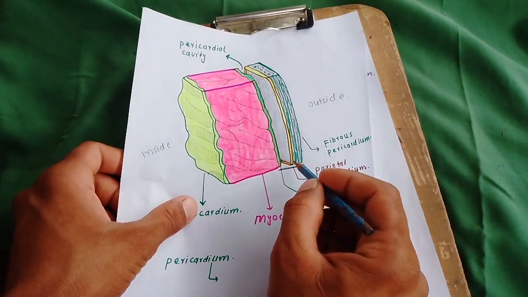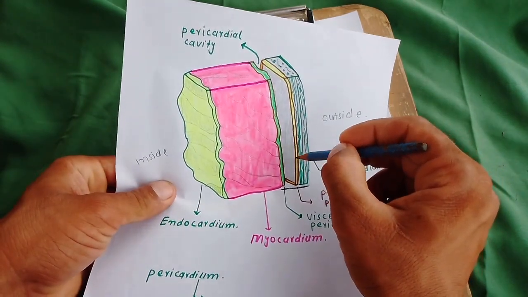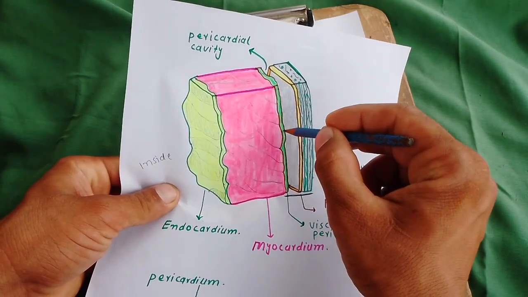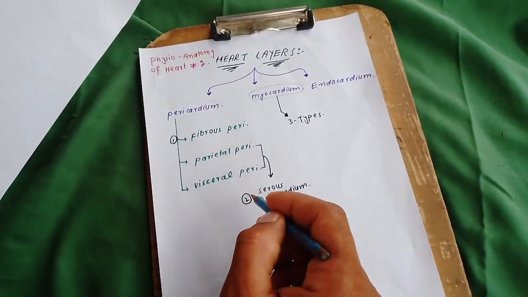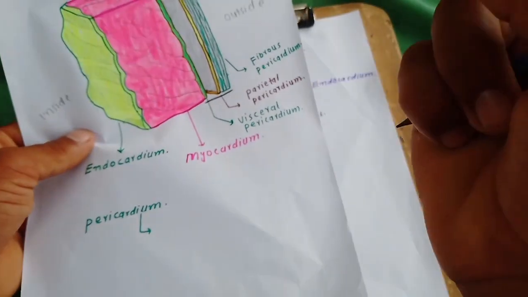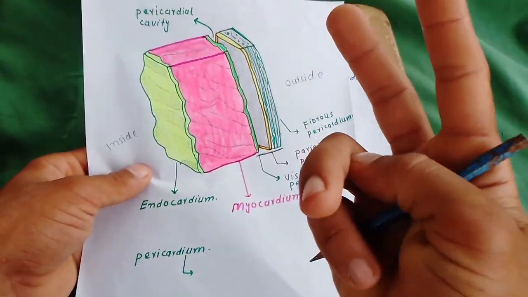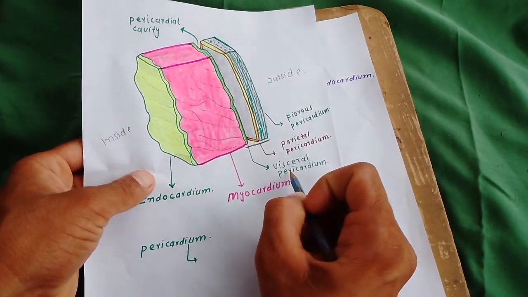This yellow layer, this thin layer and this thin layer, is collectively called the serous pericardium. The serous pericardium again consists of two layers, the parietal pericardium and the visceral pericardium.